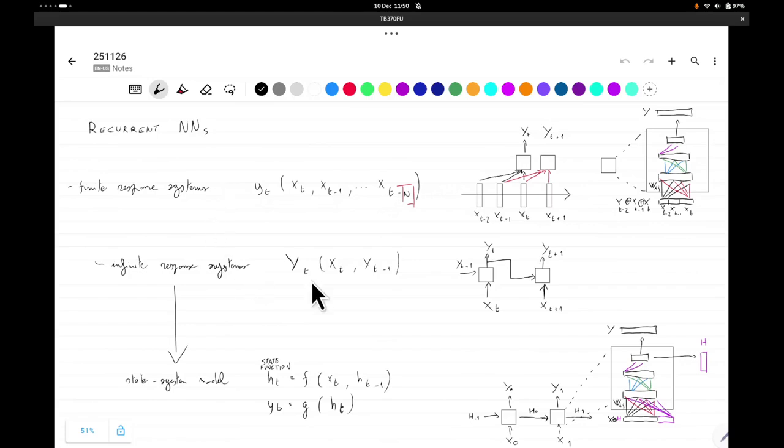A significantly more complex idea is to get rid of this prefixed number of previous steps that give information for the prediction of the new step. We say we want a model that is a function of the input at that time and the previous output, right?